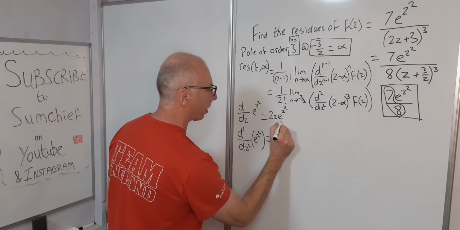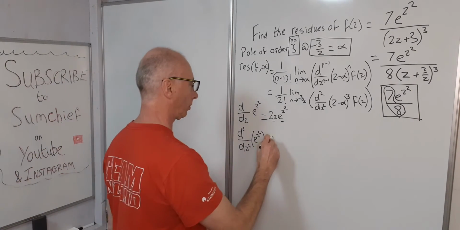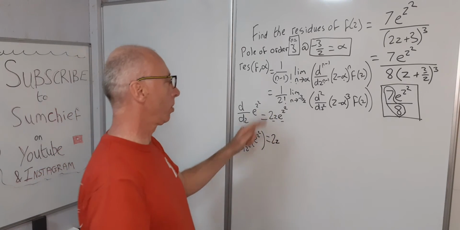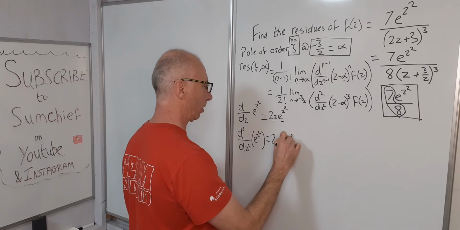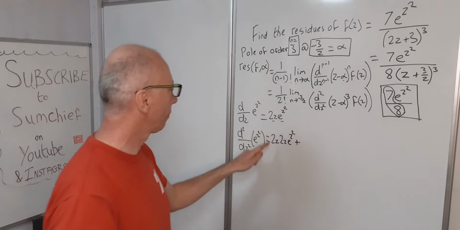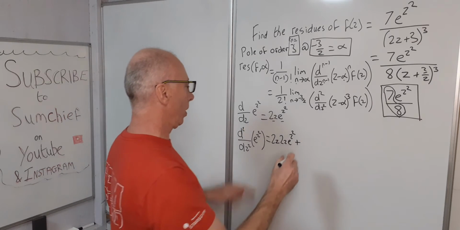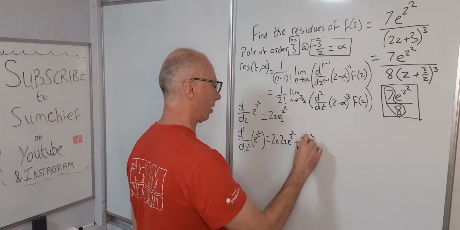We can see here we've got a product rule: 2z times the derivative of e to the z squared, which we know is 2z e to the z squared, and then we add on top of that the derivative of 2z, which is just 2, times e to the z squared, which stays.